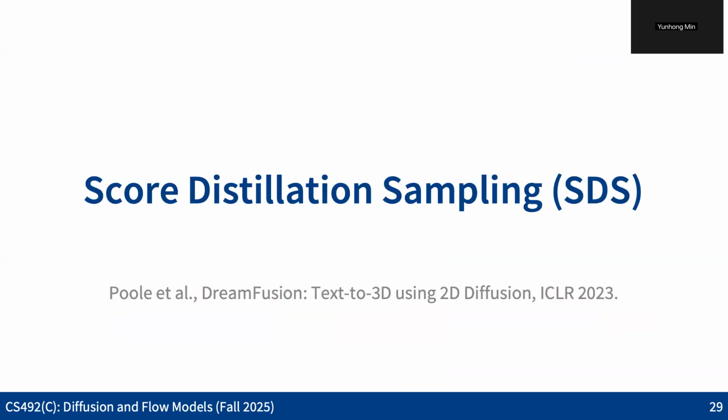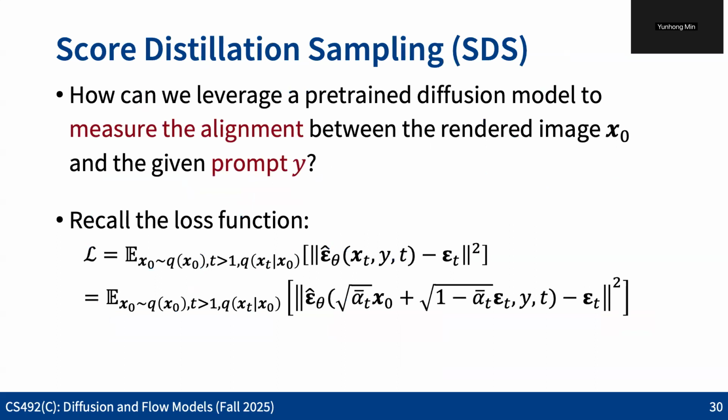So the very basic idea, a practical idea without any good theoretical explanation of why it works, is this. If we recall the loss function of the diffusion model, it was defined as matching the noise.